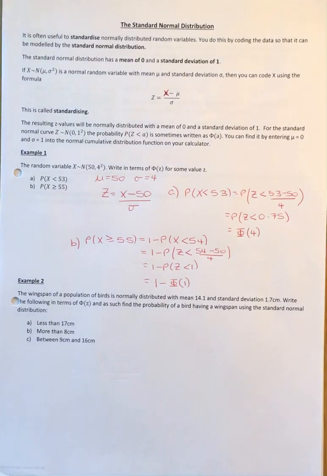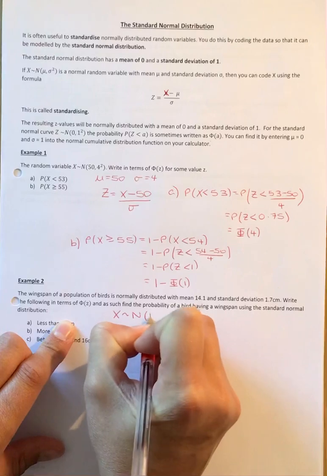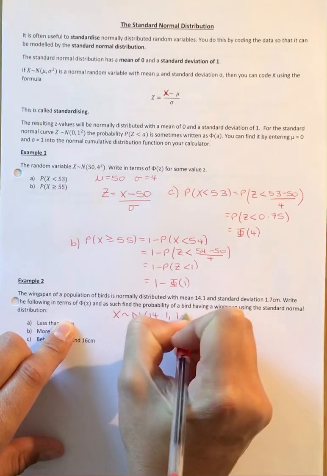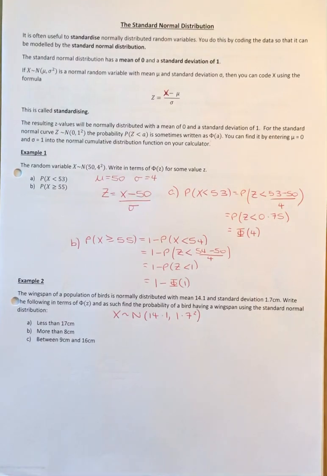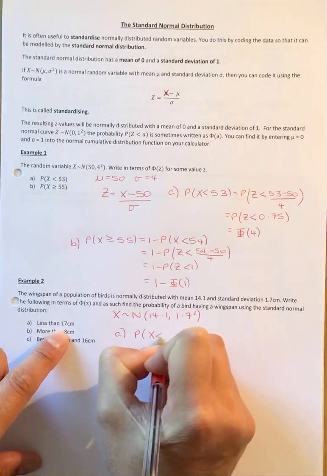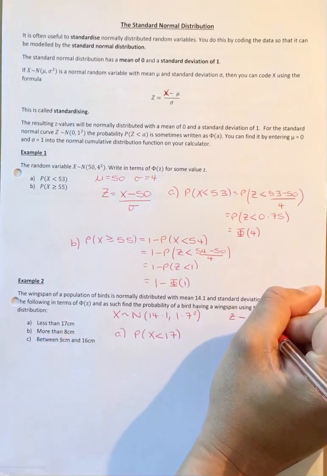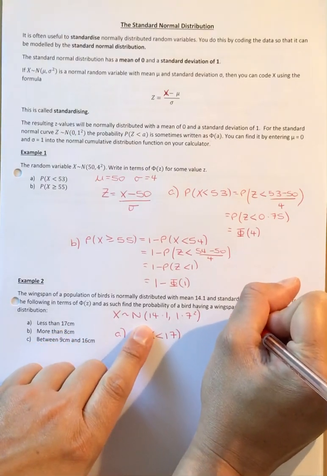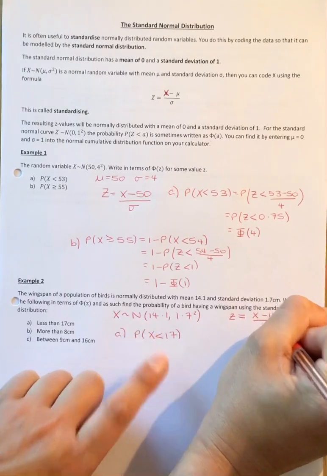Question 2, we're looking at a normal distribution with a mean of 14.1 and a standard deviation of 1.7. Remember, we write the variance in our notation, so it'd be 1.7 squared in the notation. So for part A, if we want the probability that x is less than 17, remember to standardise this. We take away the mean and divide by the standard deviation.